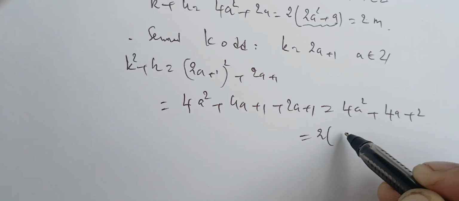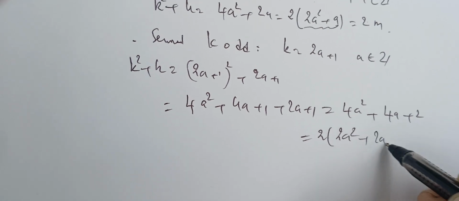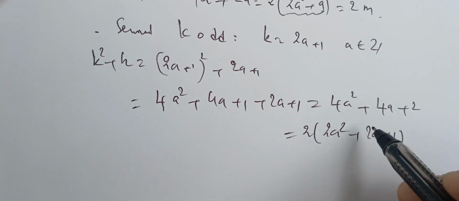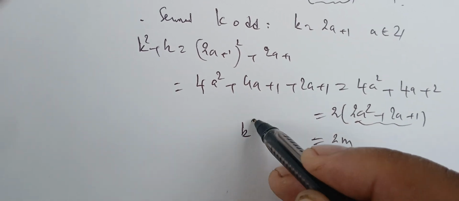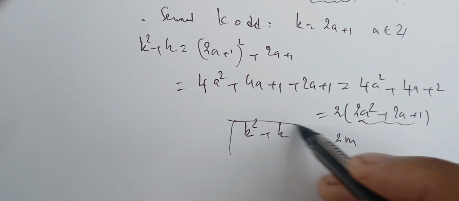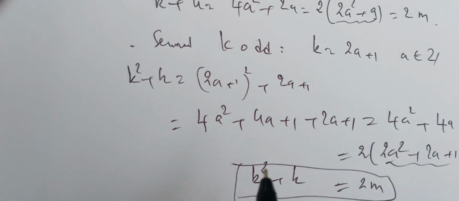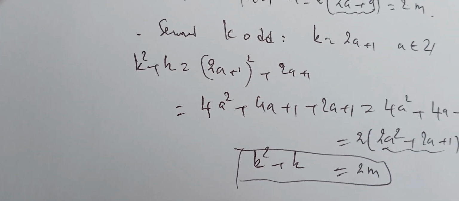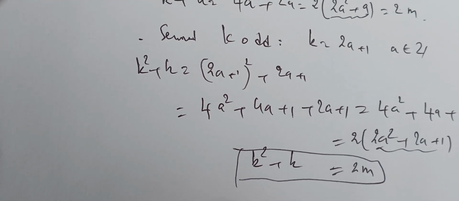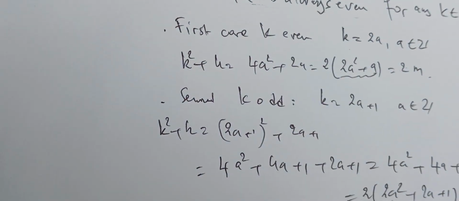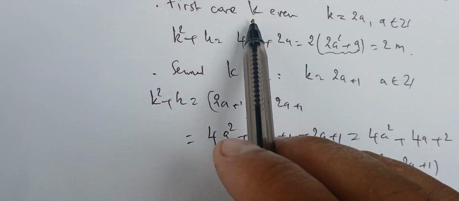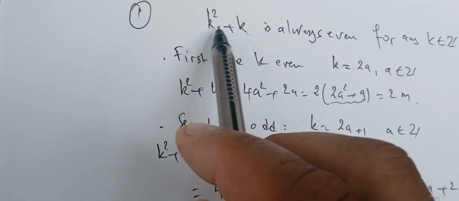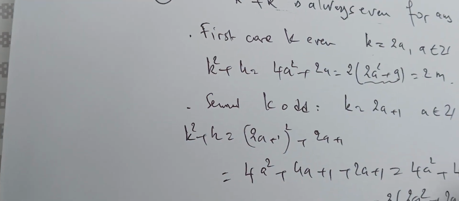If we factor out 2, we get 2 times 2a squared plus 2a plus 1. If we let this be some m, we see that k squared plus k in this case is 2m. That means this number is even. So in both cases, and these are the only two cases, k is odd or even, we have shown that k squared plus k is always even.